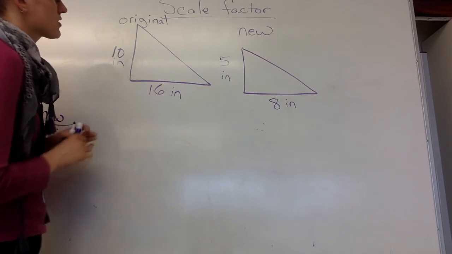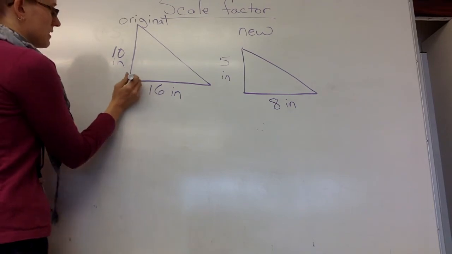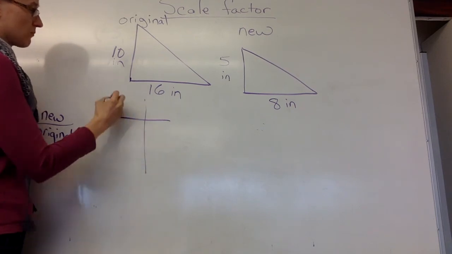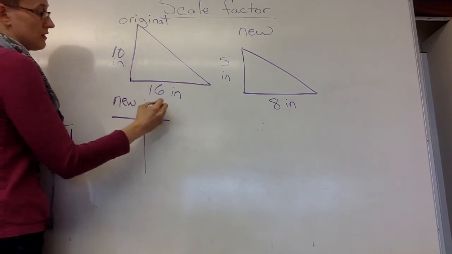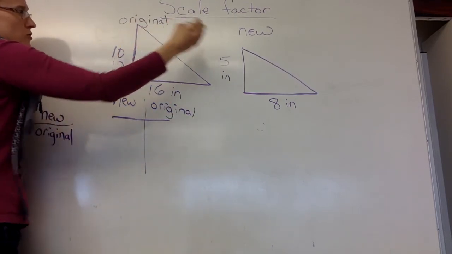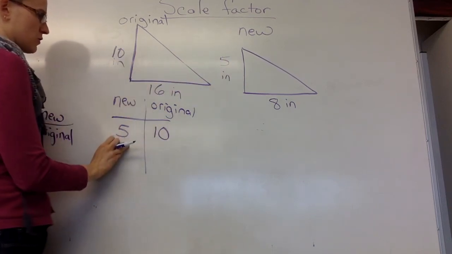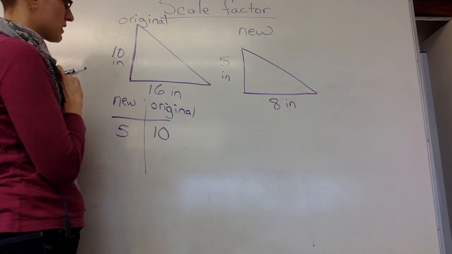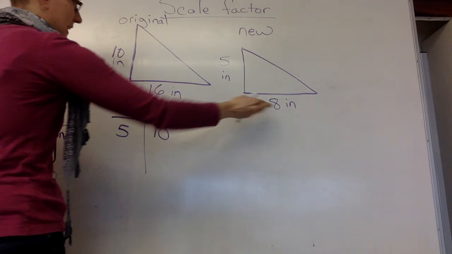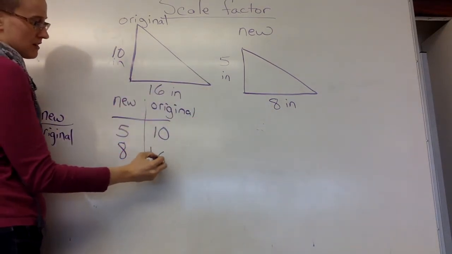And what we're trying to do is make a picture of that is smaller than what it is in reality. So if I have one side's 10 inches, let's go ahead and make our table. My new and my original. So the 10 inches corresponds with the 5 inches of the new triangle. So under the new, I'm going to put 5. Under the original, I'm going to put 10. I also have another side given. I have 8 inches on my new and 16 inches on my original.